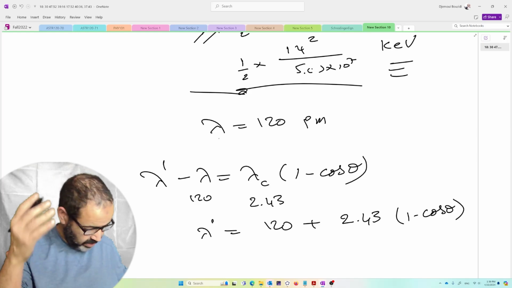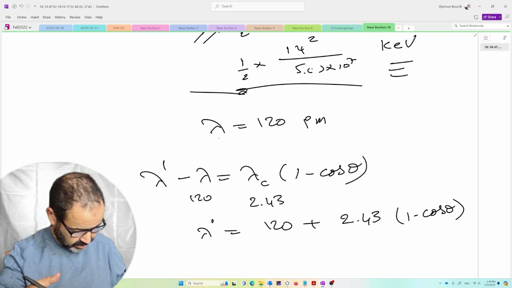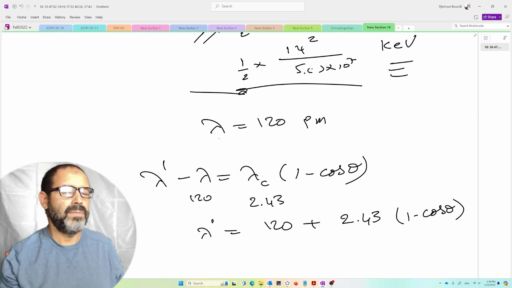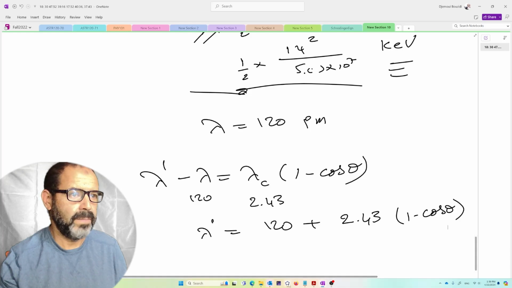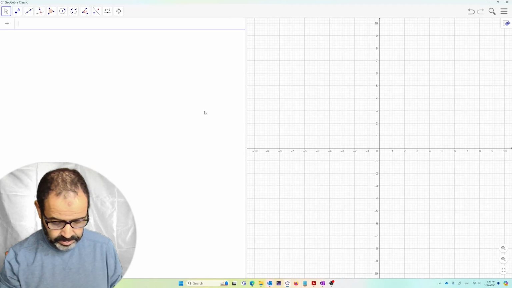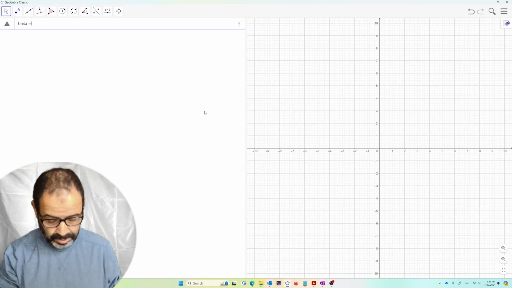Theta gave you the values of 30, 60, 90, 120, 150, 180, in increments of 30.